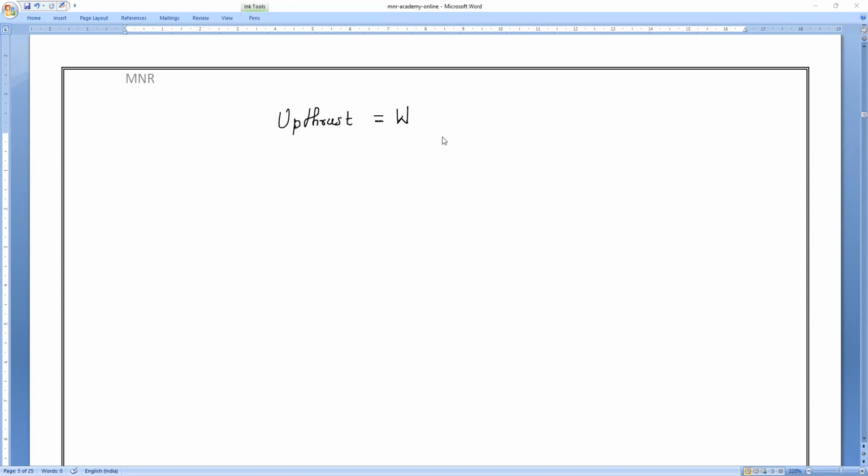That is what upthrust is: equal to the weight of the liquid displaced by the immersed portion of the body. So the weight of the liquid displaced, that is what we call upthrust. We can also say another one.